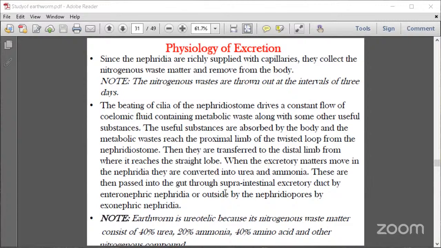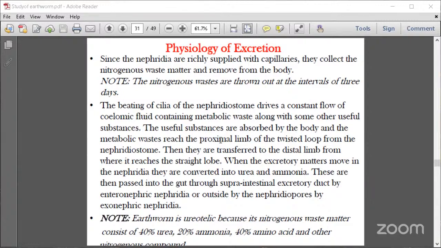The beating of the cilia of the nephridiostome drives a constant flow of coelomic fluid containing metabolic waste along with some other useful substances. The useful substances are absorbed by the body and the metabolic waste reaches the proximal limb of the twisted loop from the nephridiostome. Then they are transferred to the distal limb, from where it reaches the straight lobe.